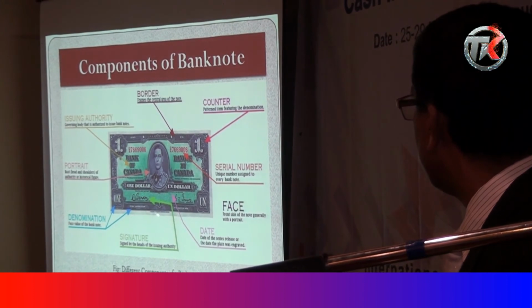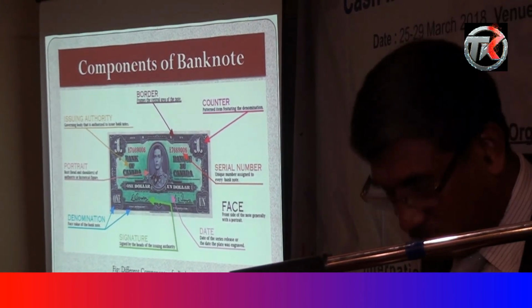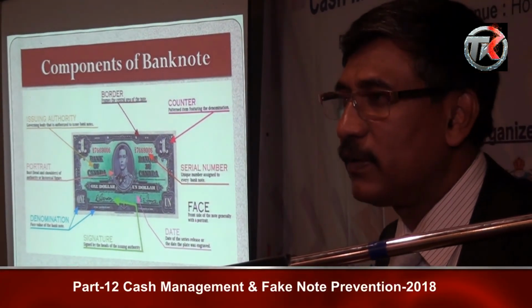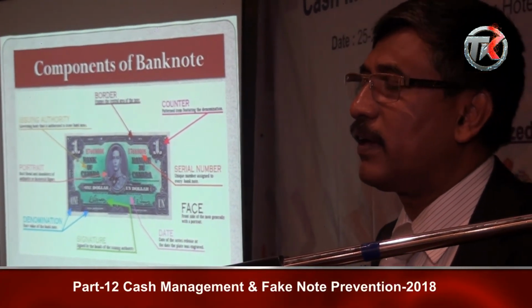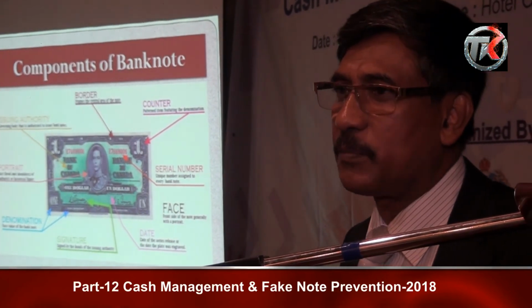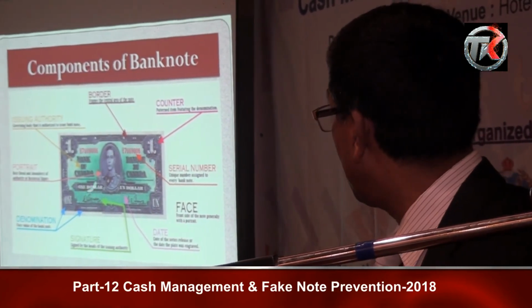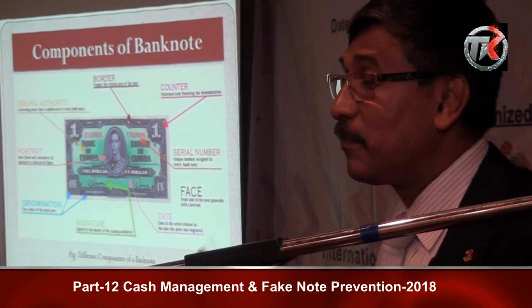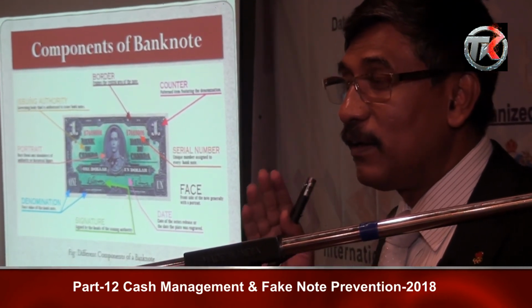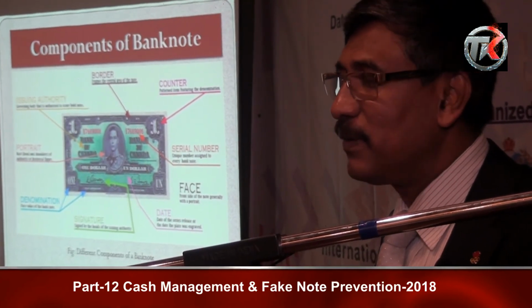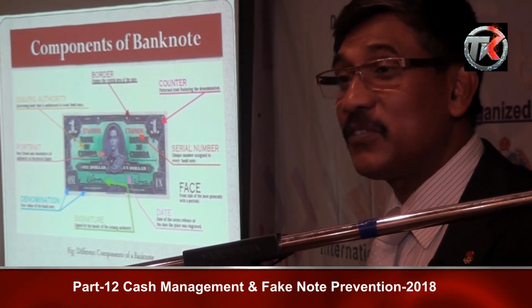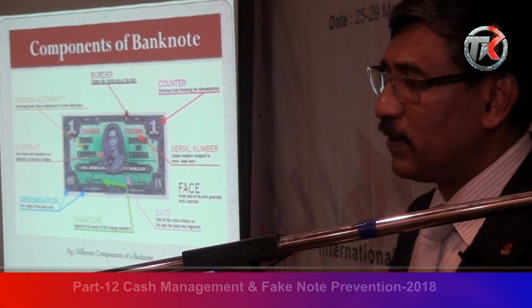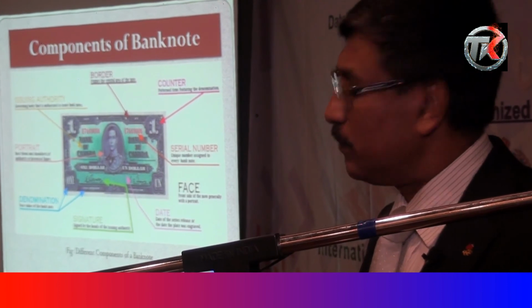Then signature. For different countries, the signature is different. Usually in a country like us, the governor of Bangladesh Bank signs the banknote, but banknotes of denomination 1, 2 and 5 are signed by the finance secretary.